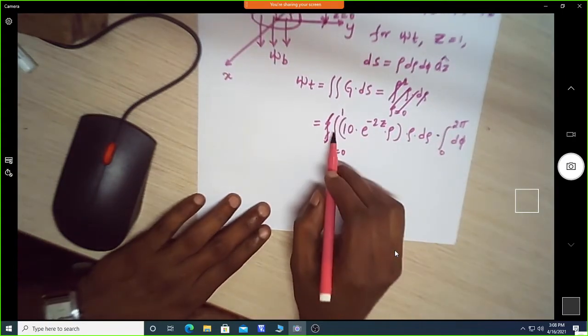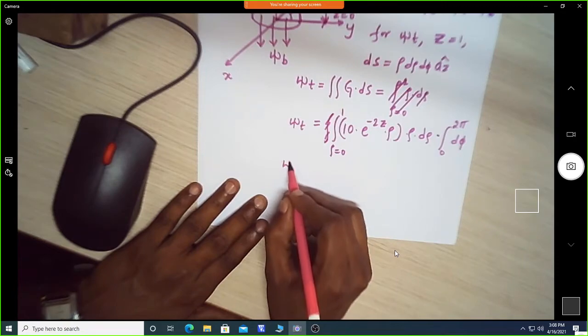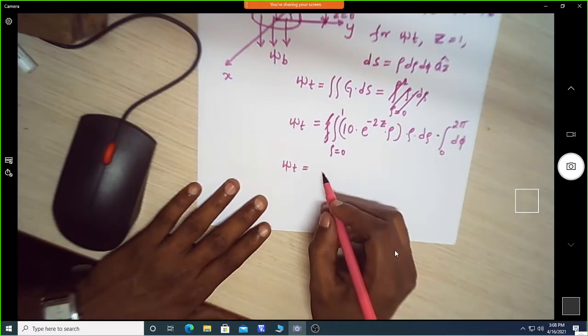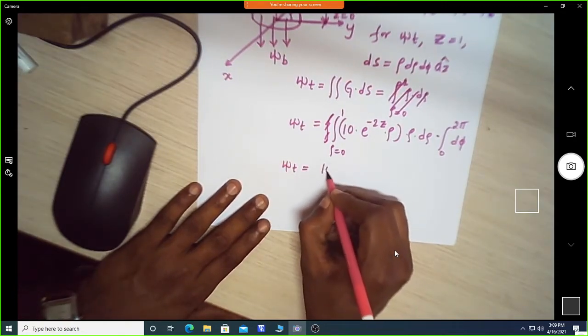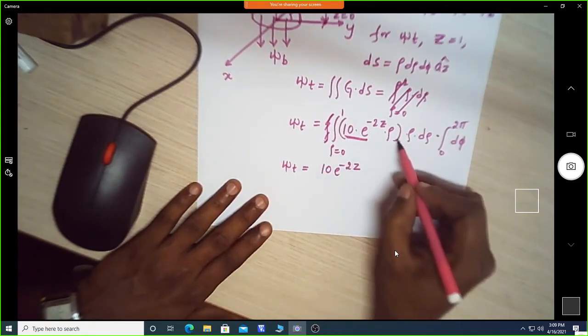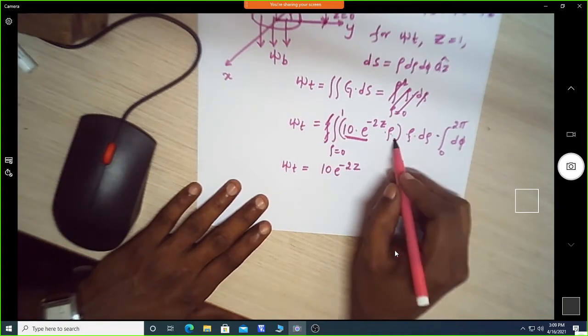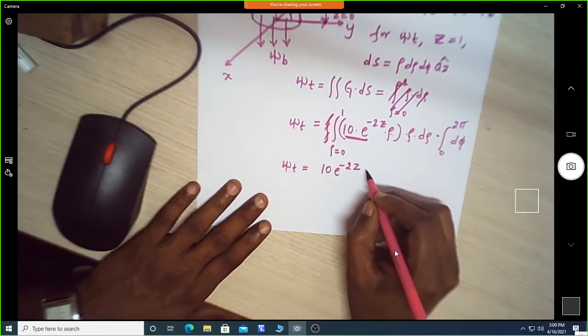So now these two integrals if we evaluate, we will get the psi t. Okay, so now what is psi t? Which is equal to 10 into e power minus 2z. So this is constant. Okay, so rho into rho, rho square. Now if we integrate this rho square, what you will get?